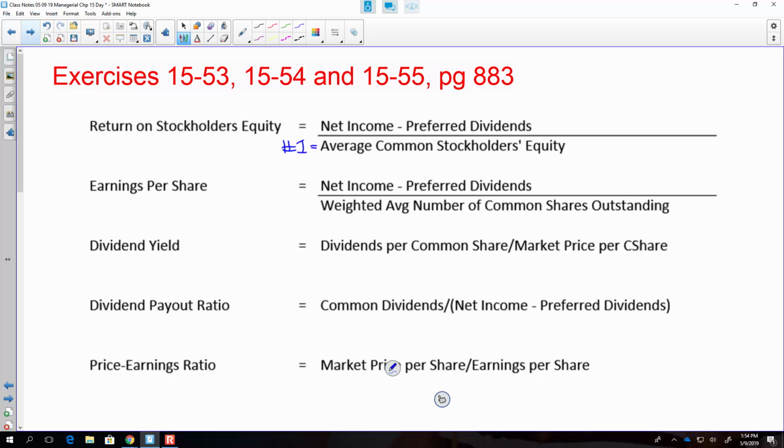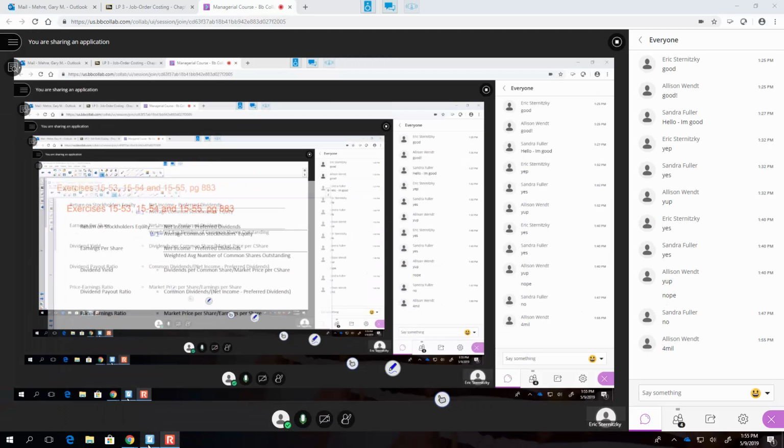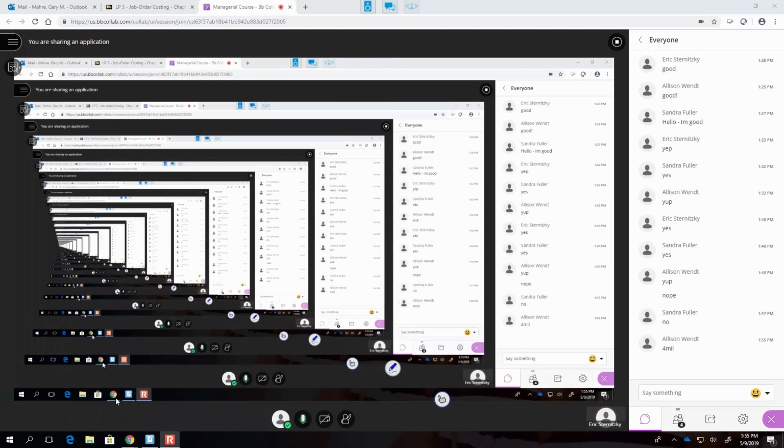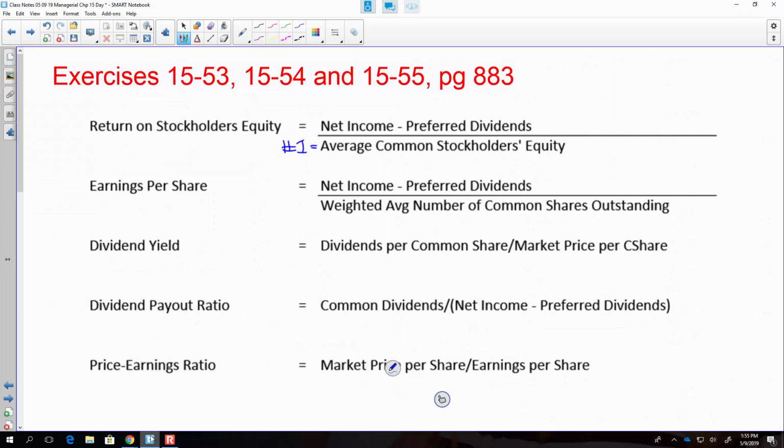So is everybody with me? How much is the preferred stock in the problem on page 883? What's the number? How much in dollars is the preferred stock? Allison, thank you. 4 million. Perfect. Excellent.